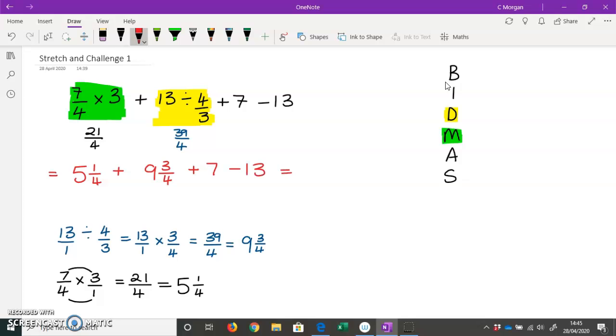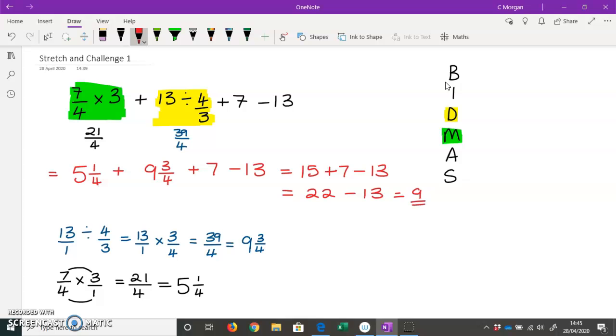Okay, so I've got my 5 and 9, which makes 14, and then 3/4 and 1/4 is a whole, so I've got 15. Add 7 and subtract 13. So I'm going to do it in left to right order. 15 add 7 is 22 and subtract 13. So I think therefore I must have 9, which is the answer to that calculation there.